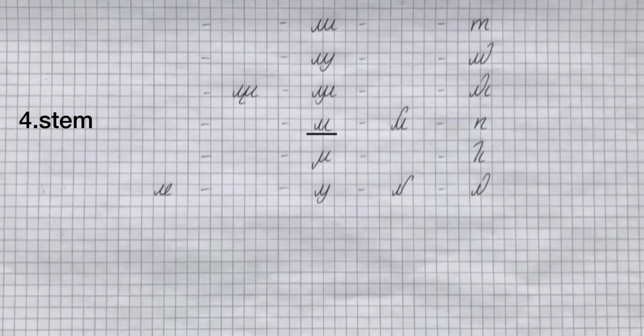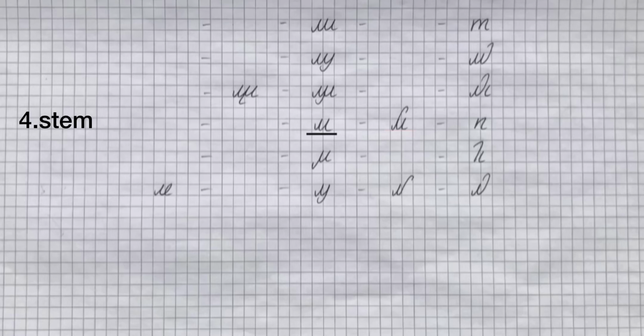In the fourth family stem, the main letter is o. And in the row of the higher vowels, this letter has the pronunciation a. But also, as in the third stem, the letter o can be pronounced in some cases as the letter a.